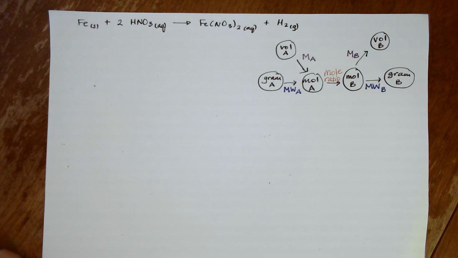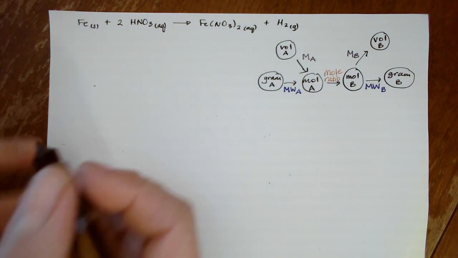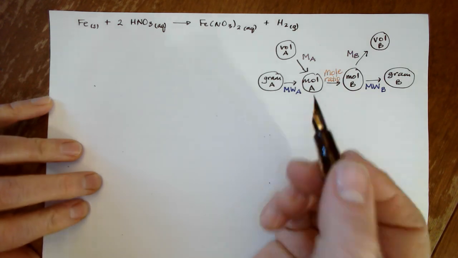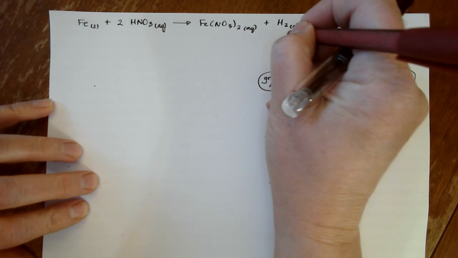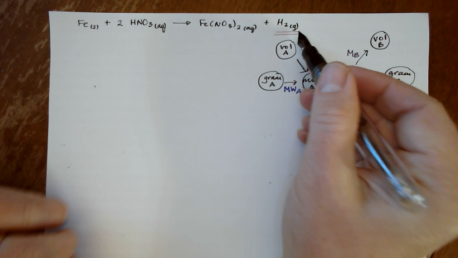Okay, so this is a video that is following up on us working on both stoichiometry and gas laws. The previous video was just looking at some stoichiometry, and now we're going to do a stoichiometry and gas law problem. When we have these problems, one of the things we need is some kind of gas.